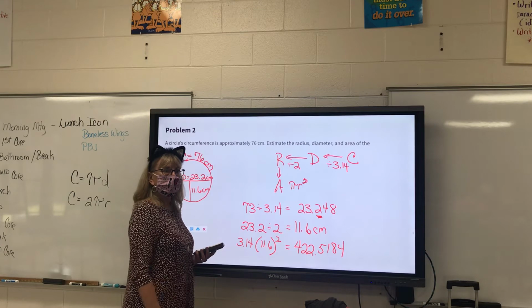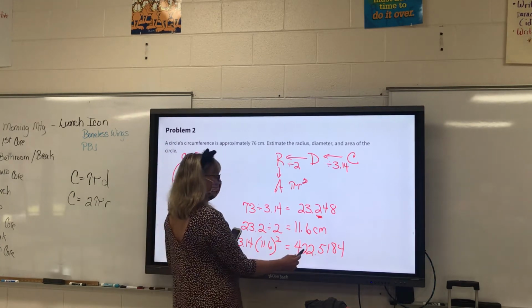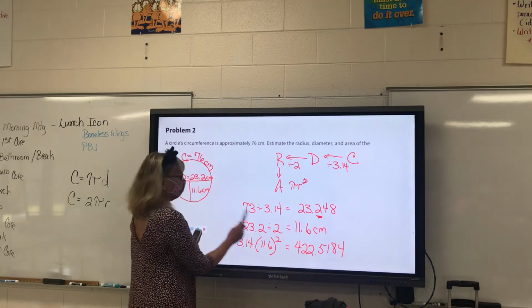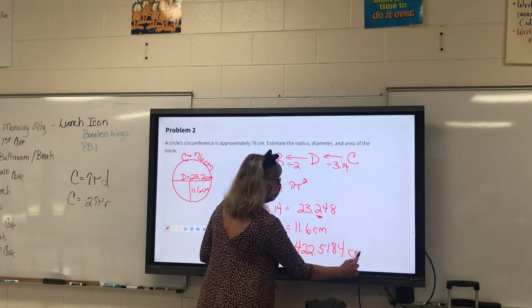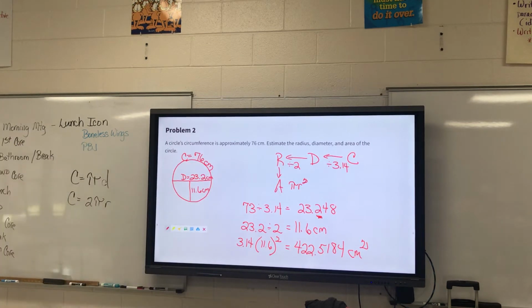You're just going to need to read the directions in the Google or in the Canvas, okay? And what's the unit going to be? Square centimeters, because we multiplied 2 radii. All right, how do we feel about that? Does this help?